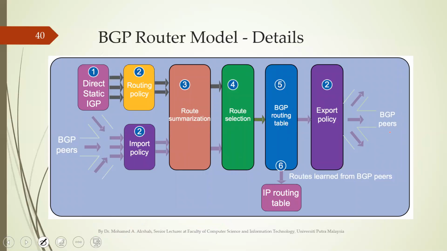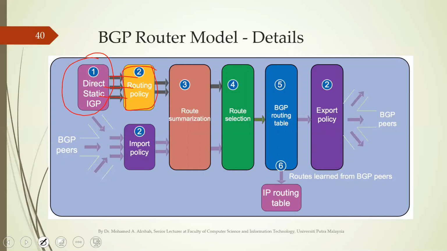BGP router model details. Here we can see this one is more detailed. Step number 1 is the direct static IGP, so maybe we have multiple direct static IGPs. The second box is the routing policy, exactly similar to the previous model.